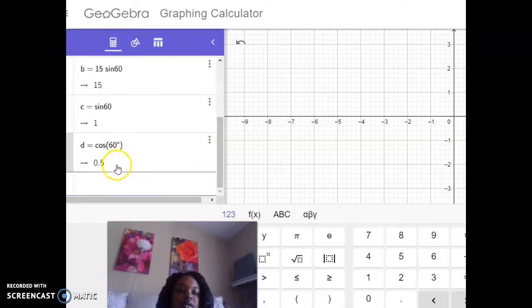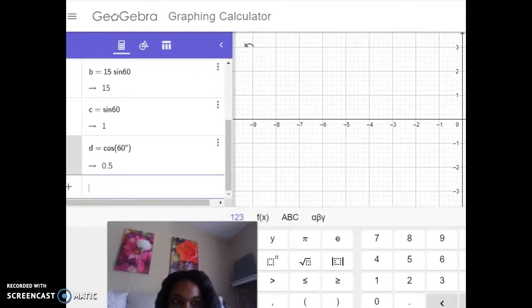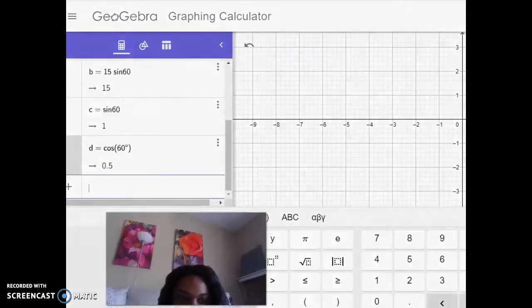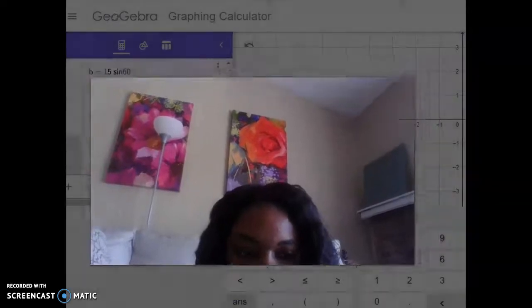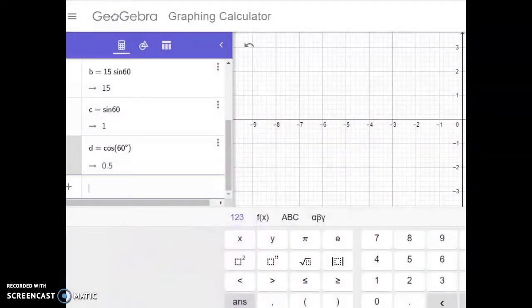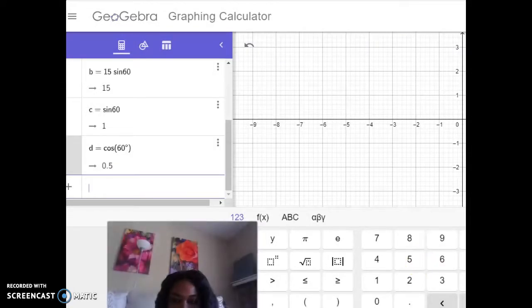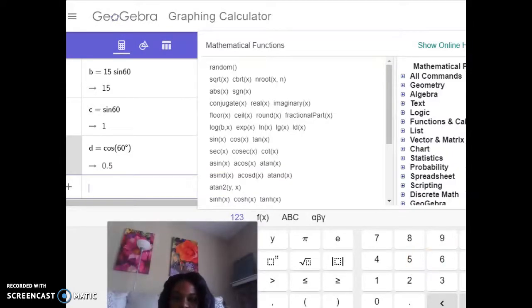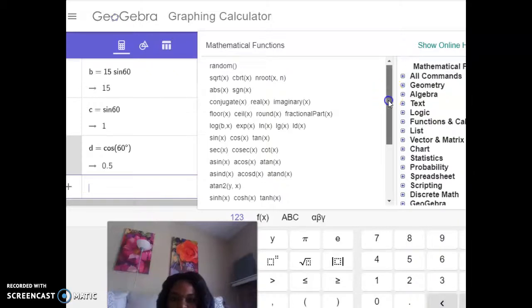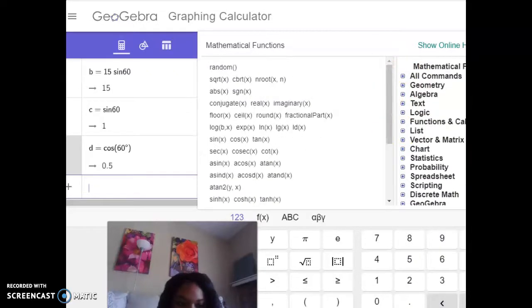So you know that, okay, I'm in degrees now, and I'm correctly evaluating this in degrees. You can also change this to radians as well. So let me extend. So if I open this back up, let me see if I can figure out how to.